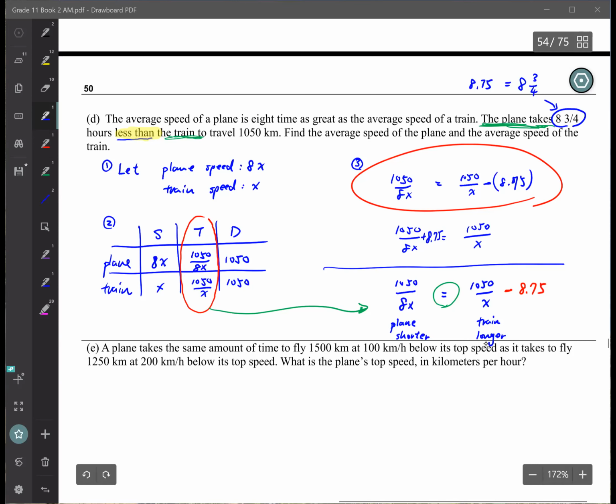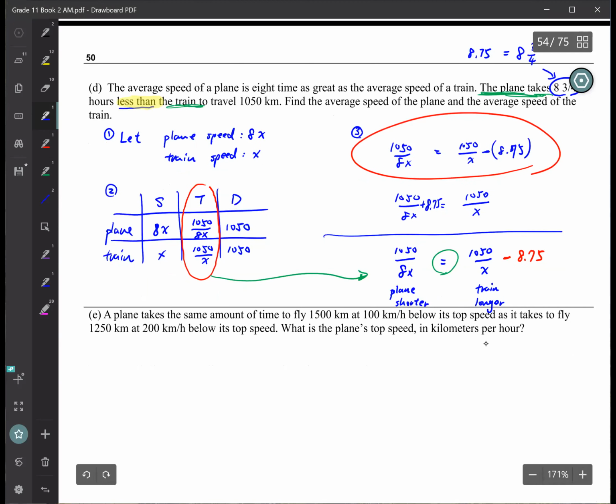Another thing you can think, I'm trying to help you as much as I can. Let's say we have 5 hours and 7 hours. Right now, of course, they don't equal.